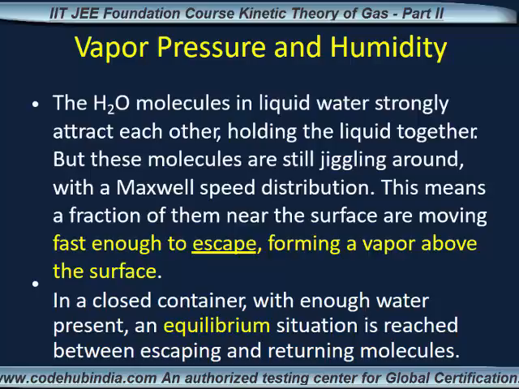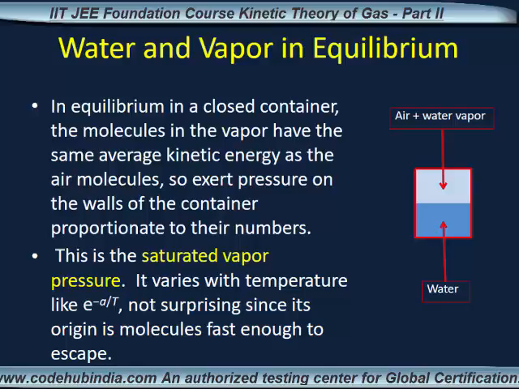In a closed container, if enough water is present, an equilibrium is situated between the escaping and returning molecules. Look at this closed container. You might have seen it in daily cooking at home. The water is in the middle of the container, and the upper side is covered with the plate.